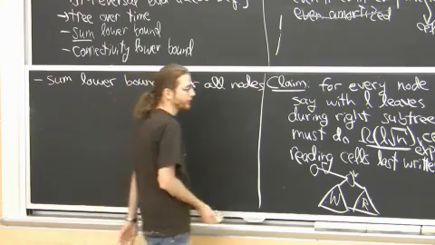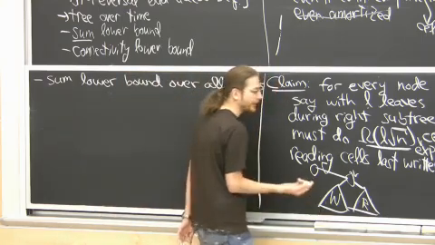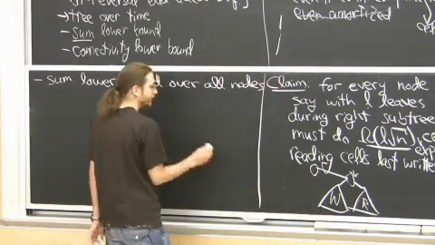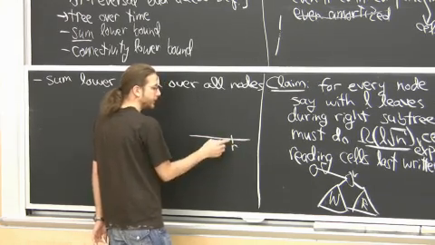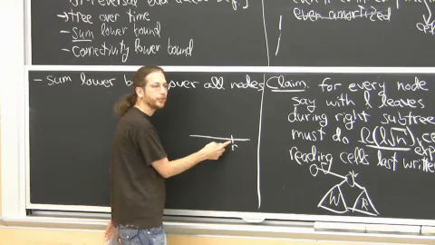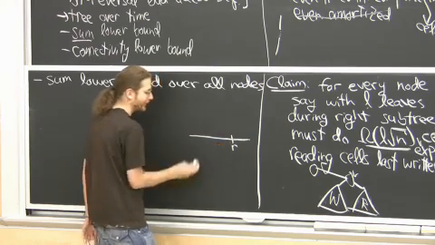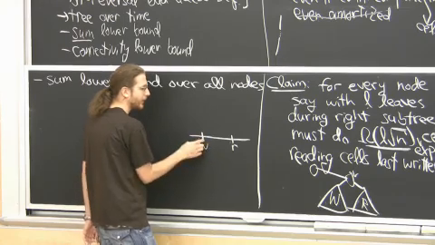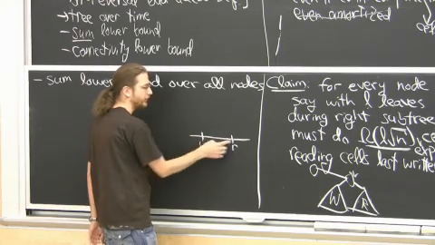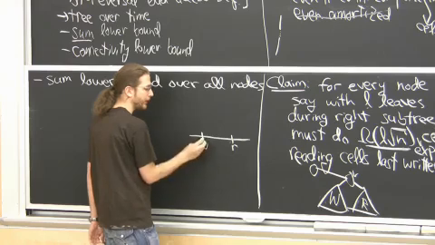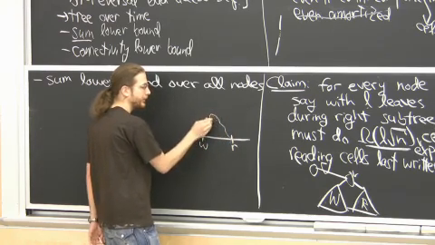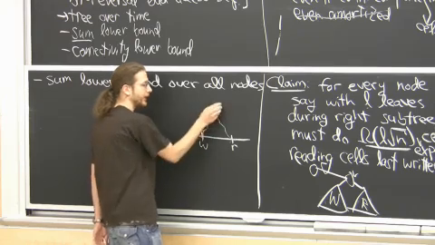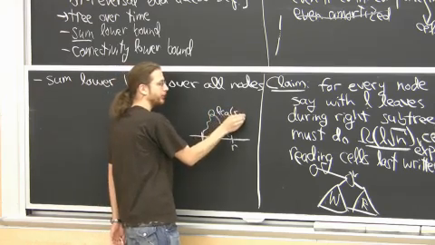But the claim is we're not double counting, because if you look at any read, so here's time, and suppose you do a read here, you're reading a cell that was written sometime in the past. If it was never written, it's not a very interesting read. It communicates no information. So there's some write in the past that changed the cell that's just read, and we're going to count this read at a particular node, namely the LCA of those two times.